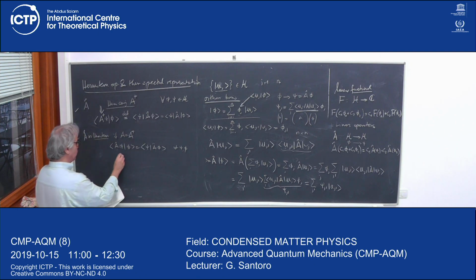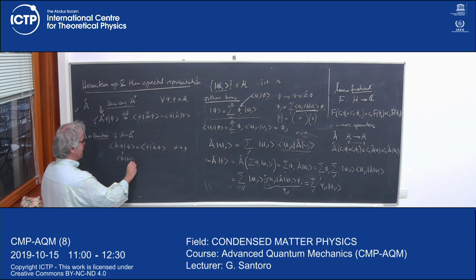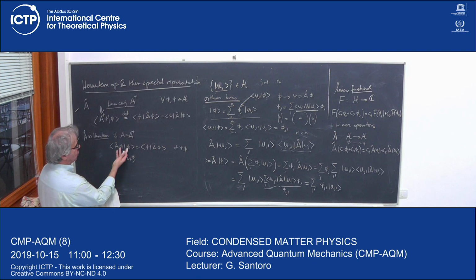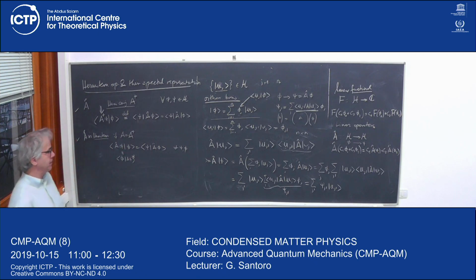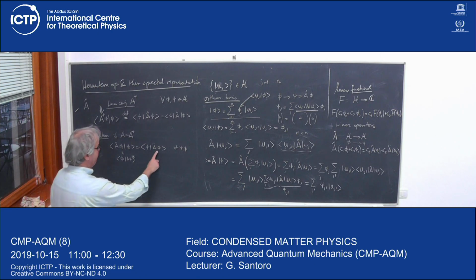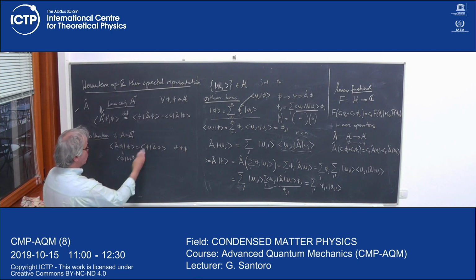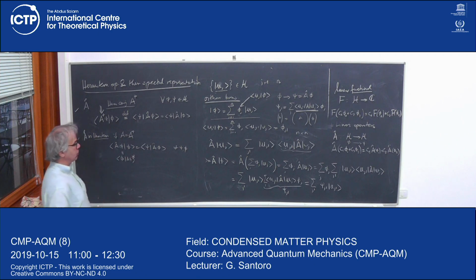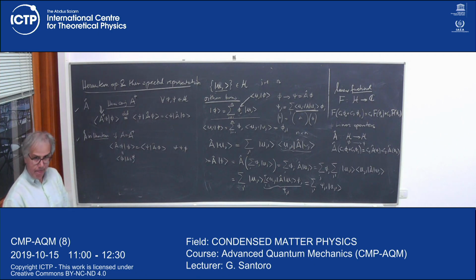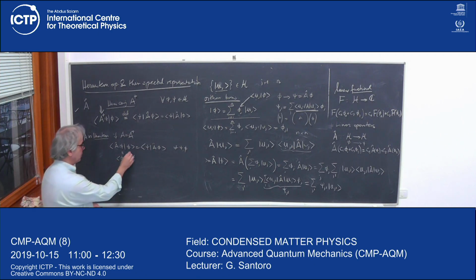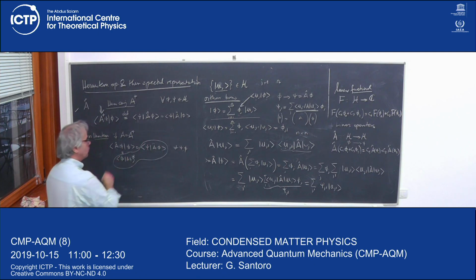This is also equal to phi A psi star. I simply have switched the two things. So an operator is Hermitian if whenever you switch the two vectors, you just need a star. Look at these two ways of seeing it.